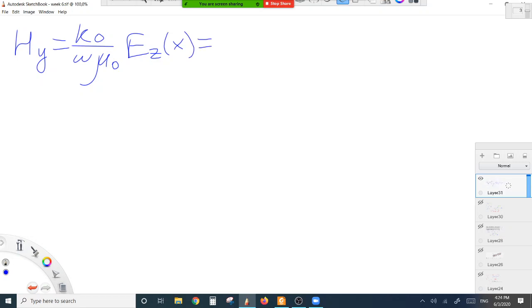So k is equal to omega multiplied by square root of mu 0 epsilon 0.